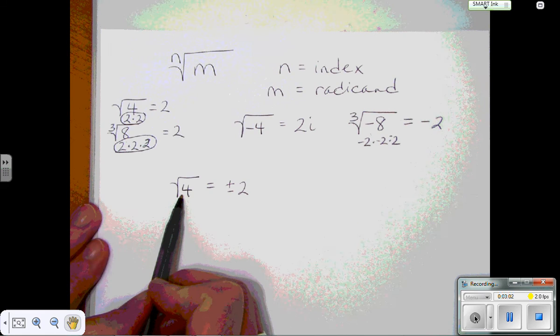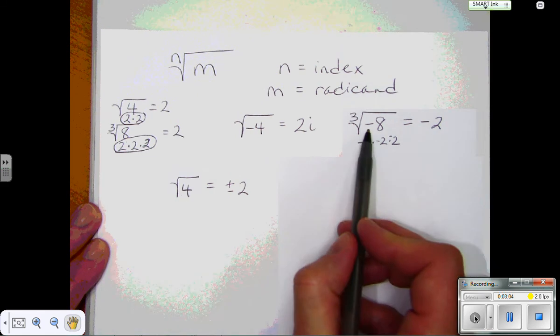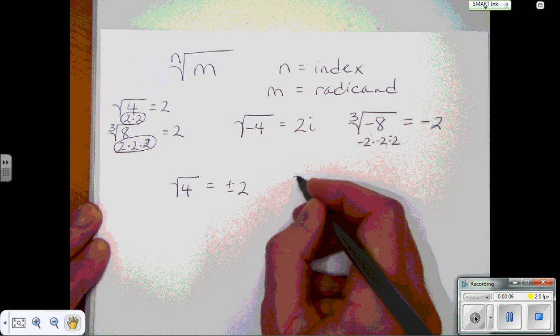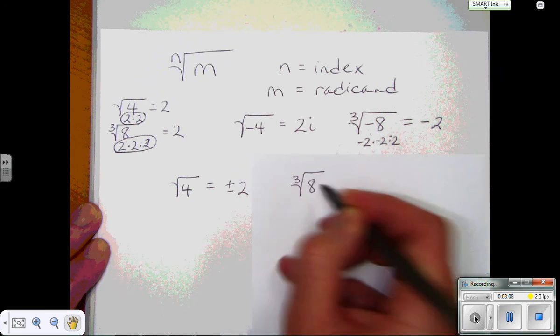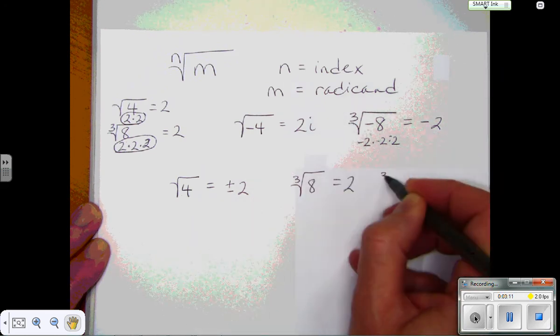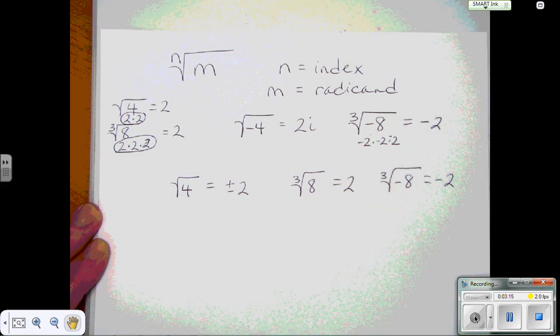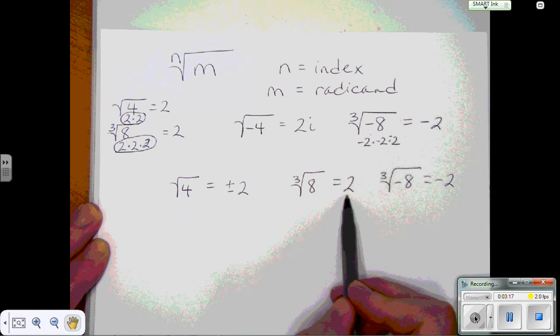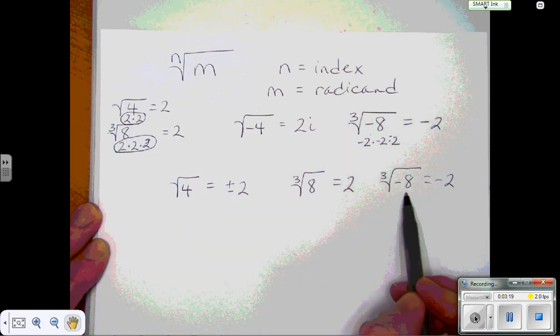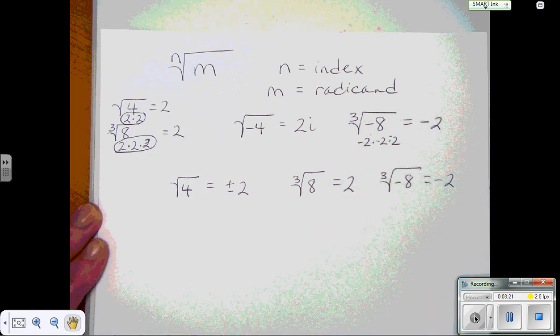But when you have an odd root, you're either going to have a positive answer or a negative answer depending on what the radicand is. If the radicand is positive, your answer is going to be positive. If the radicand is negative, the answer is going to be negative because it's an odd root.